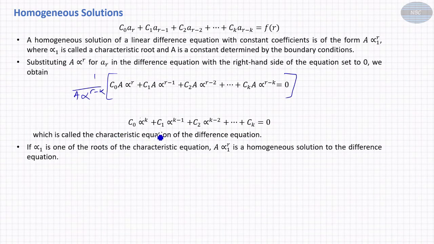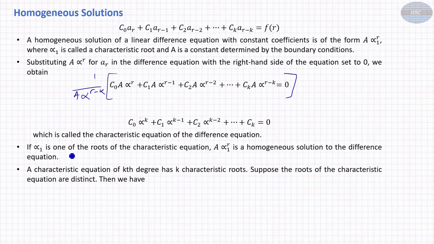We may have k roots of this characteristic equation, and if alpha 1 is one of the roots of the above characteristic equation, then a into alpha 1 to the power r is a homogeneous solution to the difference equation. A characteristic equation of kth degree has k characteristic roots.